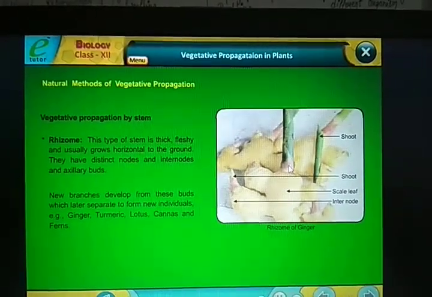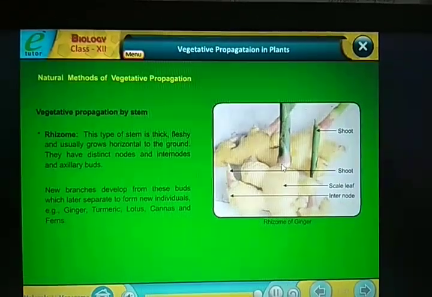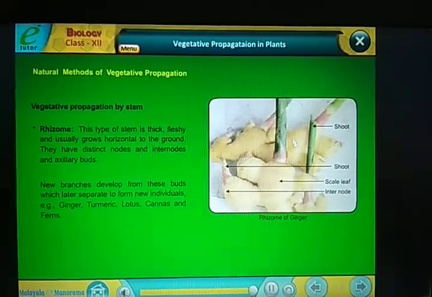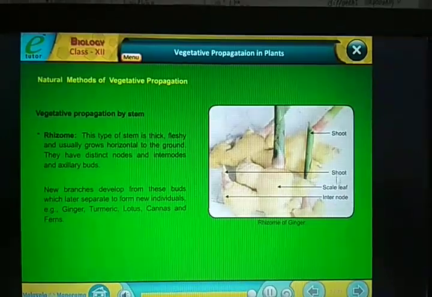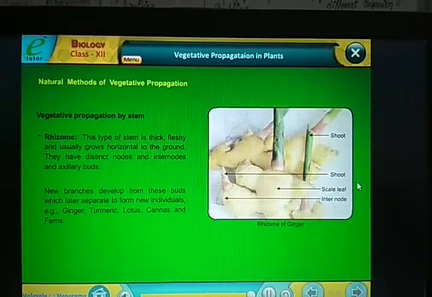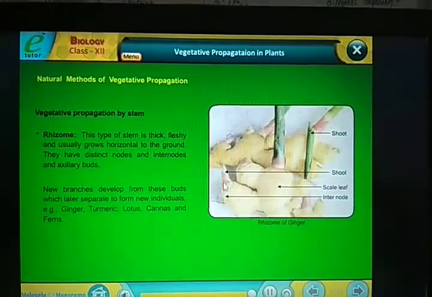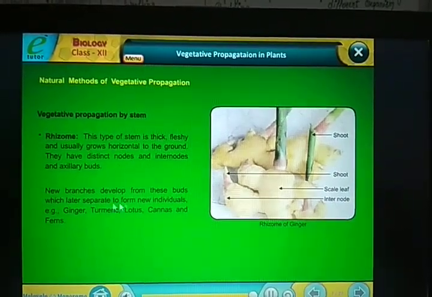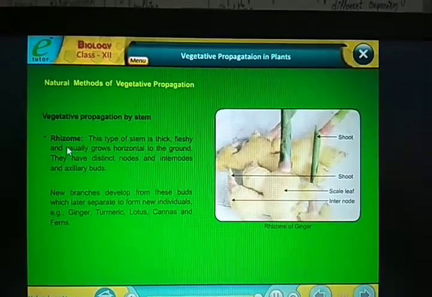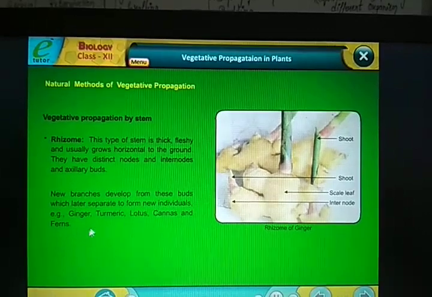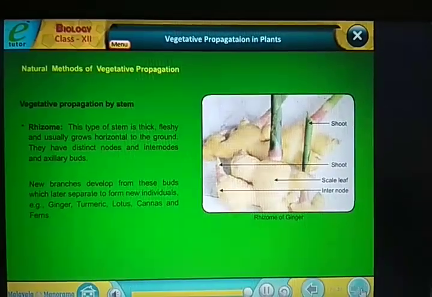Vegetative buds, also called axillary buds, are also present, which help to propagate into a new plant. This is the shoot structure, and the scaly leaves are present on the surface of the ginger as well as turmeric. These are examples of rhizome. They are most common in ginger, turmeric, lotus and fern, etc.